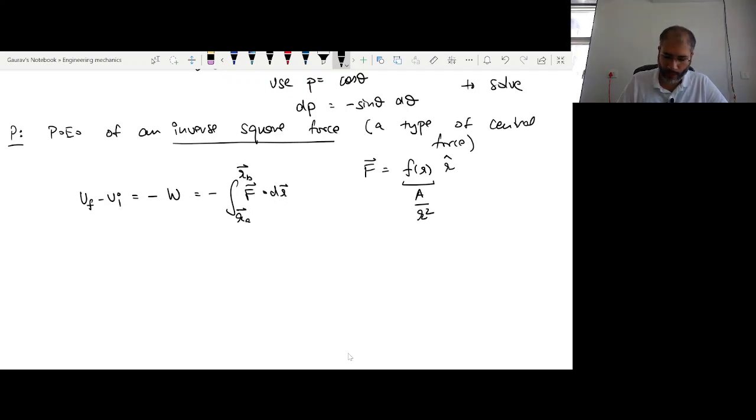So we are trying to find what the U expression is. Since we are talking about a general U as a function of r, we will take the final potential energy at some distance r from the center minus the initial potential energy, which will be known for a given position. This integral we solved a few minutes ago as Ra to Rp, that's the distance, of Fr dr.